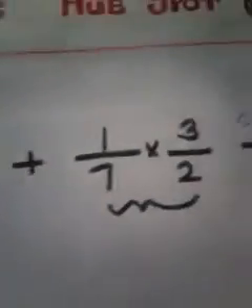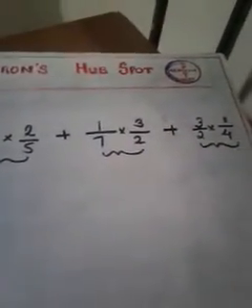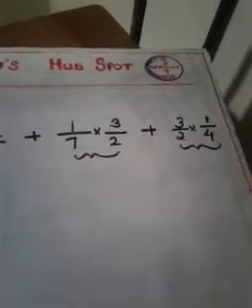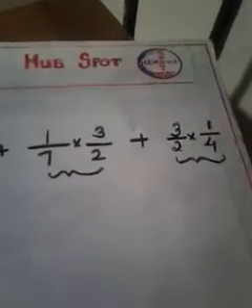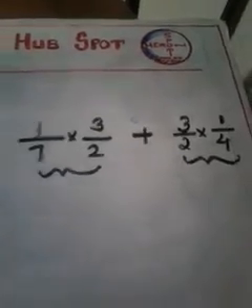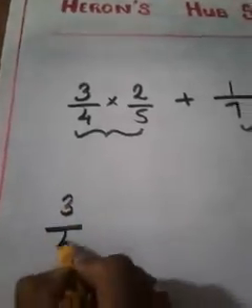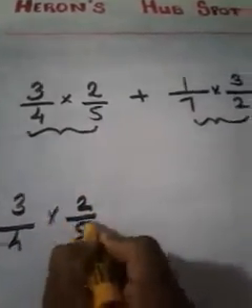Now let us compare the second and third terms. Is there any common fraction? Yes, there exists a common fraction, which is 3 by 2. Are you following me? So what do I have to do? The first term, 3 by 4 into 2 by 5, just write like that.